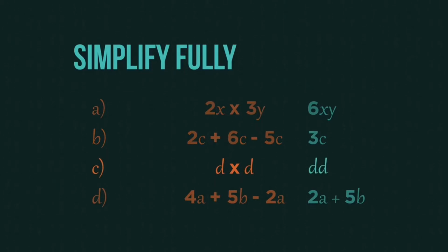But we can improve on that even further by writing d squared. If the question had been this, then it would be d cubed. Or this would be d to the power of 4. And then, similar to the second question, we group the same letters together, but they must be the same letter. So 4a subtract 2a is 2a.